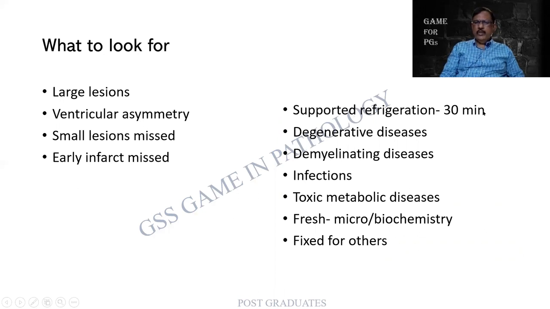The fresh specimen should be supported by refrigeration for a period of about 30 minutes before you cut. There are a number of diseases which can be diagnosed from these, such as the degenerative diseases, infections, metabolic diseases, microbiological and biochemical diseases. For all the others, a fixed brain is needed.